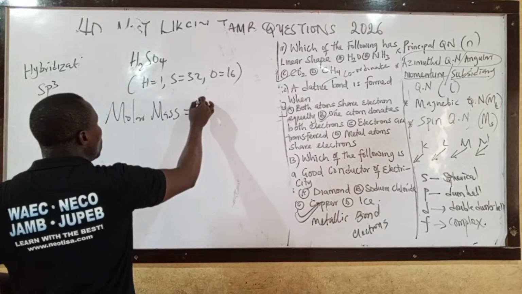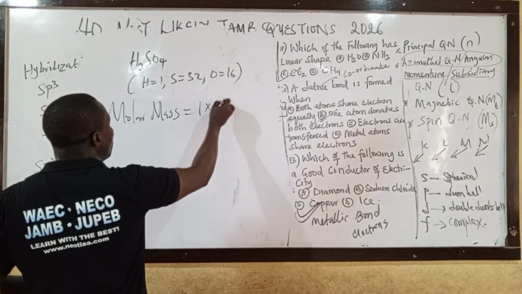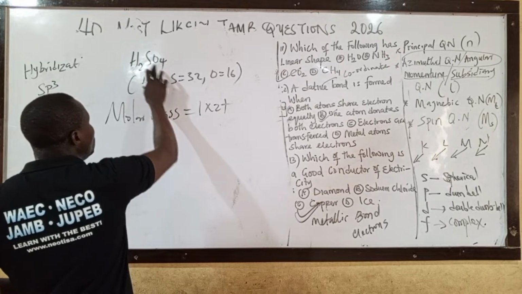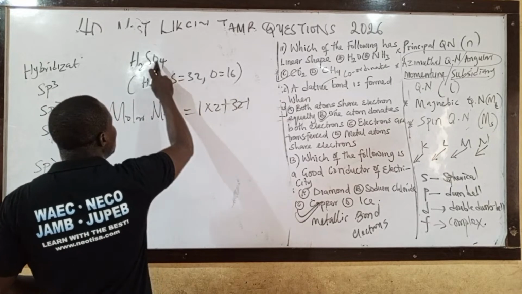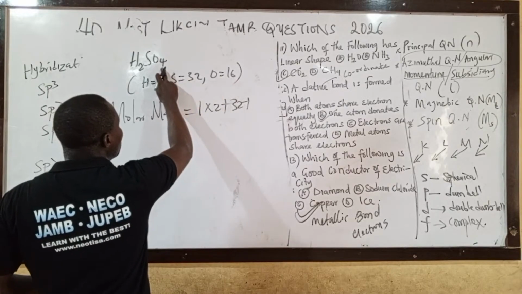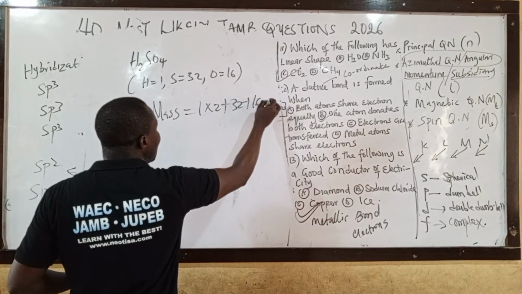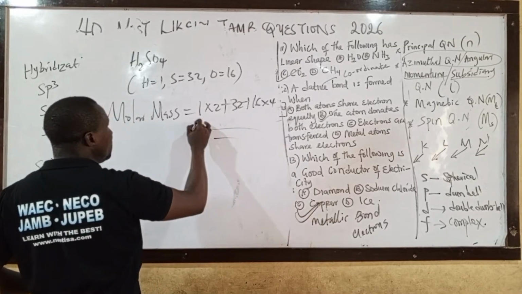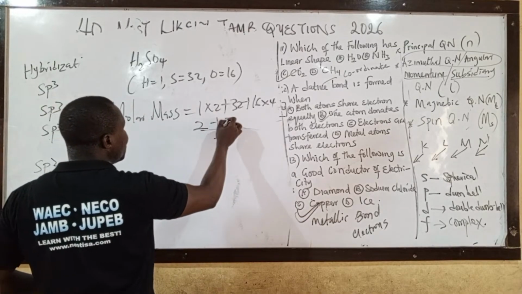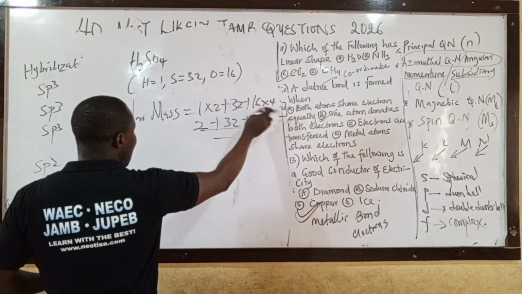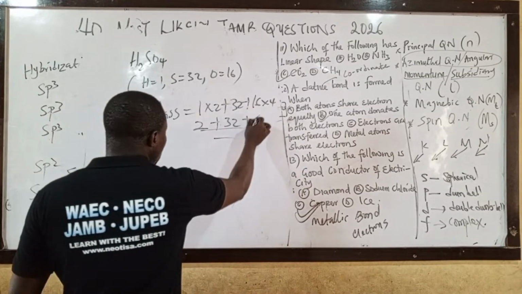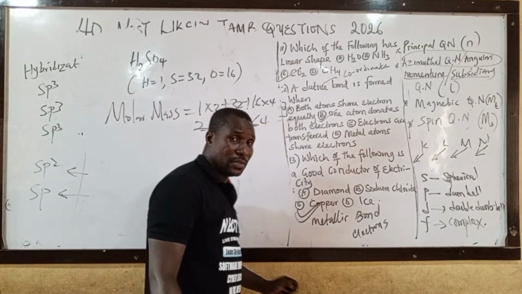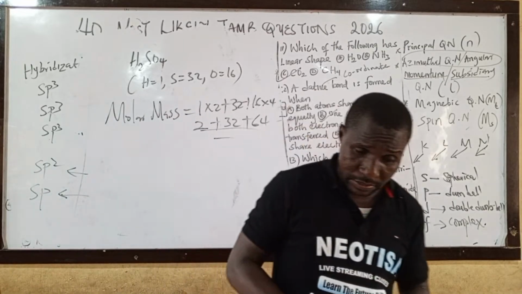Hydrogen is 1. How many hydrogen do you have? 2. Plus sulfur, 32. How many sulfur? 1. Plus oxygen, 16. How many oxygen? 4. So 1 times 2, plus 32, plus 16 times 4 gives 64 for the oxygen part. Then you can do the sum. That is your answer.